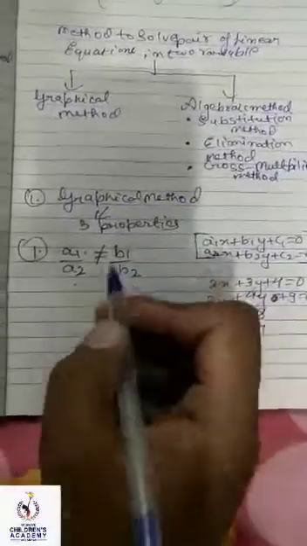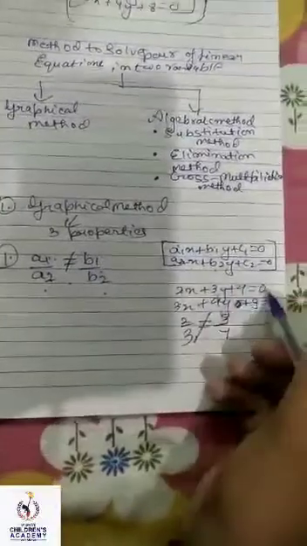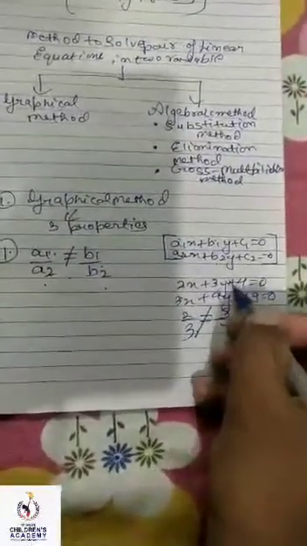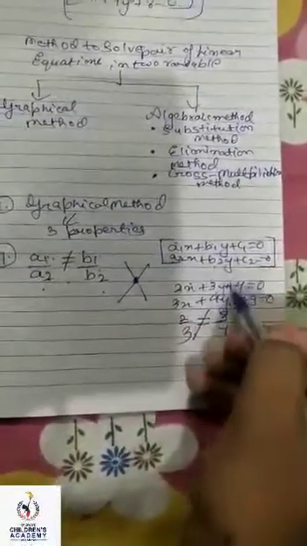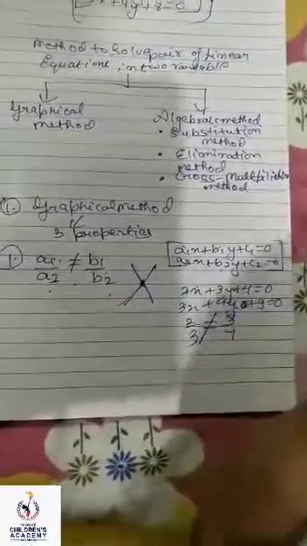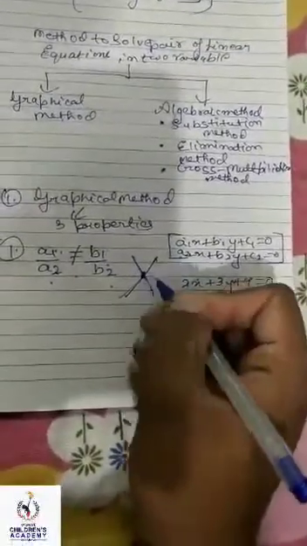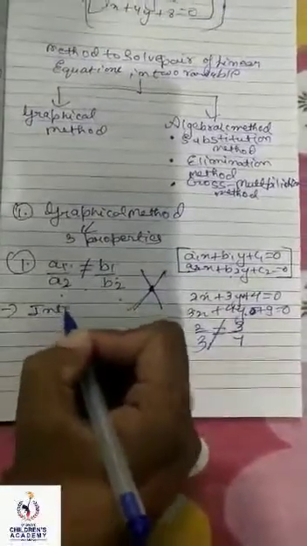So when a1 upon a2 is not equal to b1 upon b2, if we draw lines for both equations, they will intersect at one point. This shows us intersecting lines.